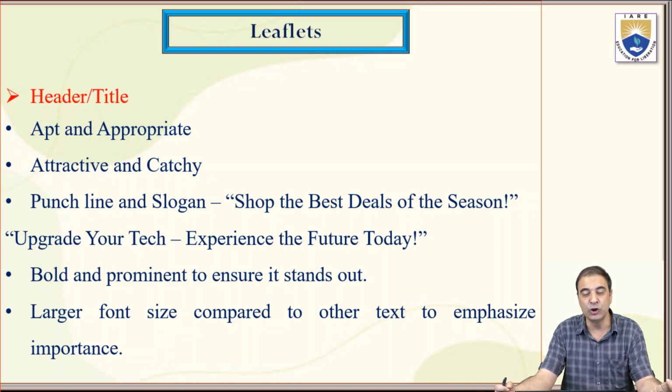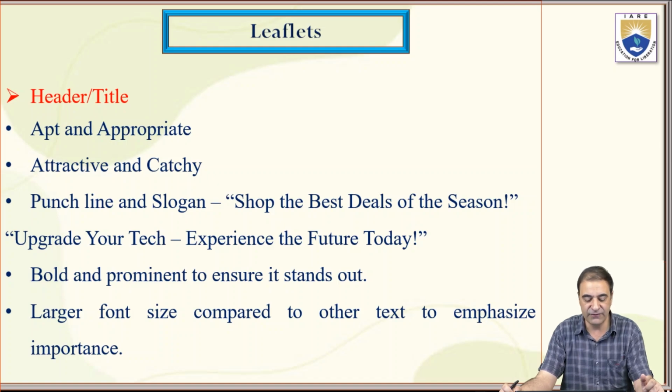For example, you are publishing a leaflet of your shop and you own, for example, a cloth house and you want a huge purchase. For that matter, you can select this punchline like shop the best deals of the season.